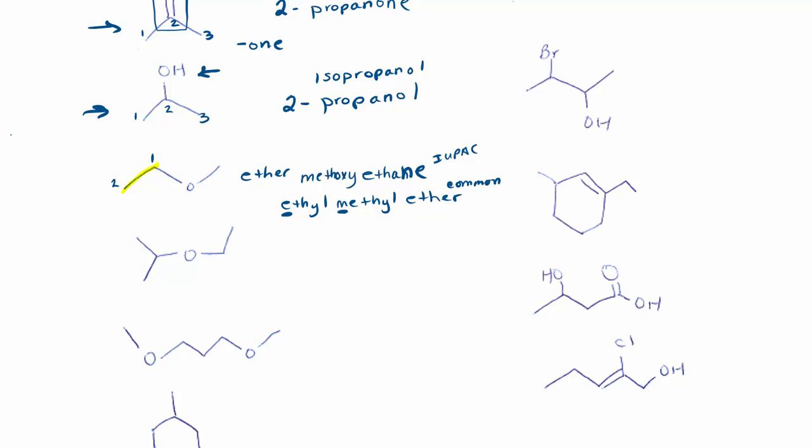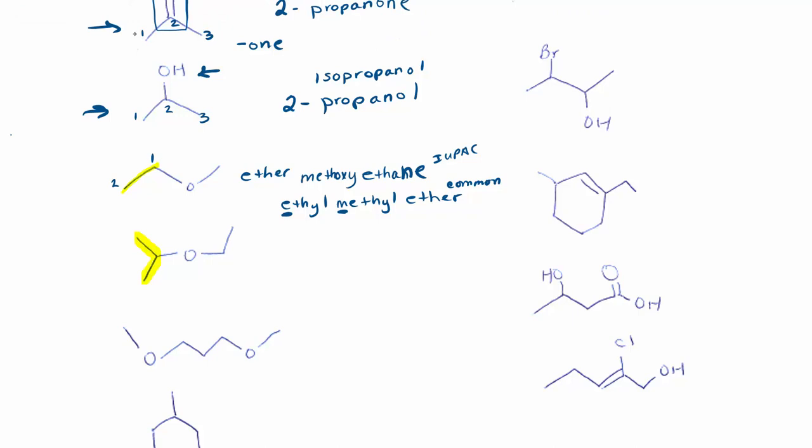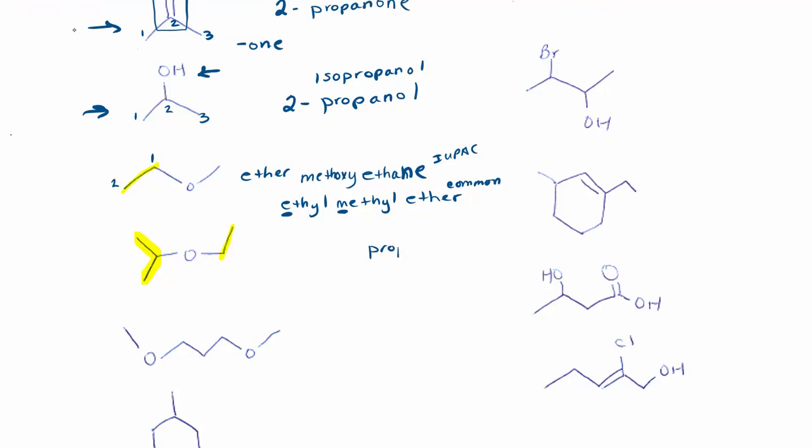Here we have, let's see, 1, 2, 3 carbons, and here we have 2 carbons. So the IUPAC name would then be to name the longest carbon chain, which would be propane. And then on carbon 2, we would name this as a substituent. So this would be 2-ethoxy.